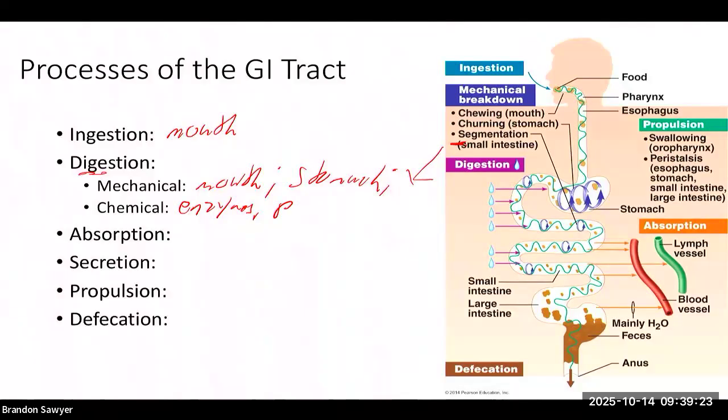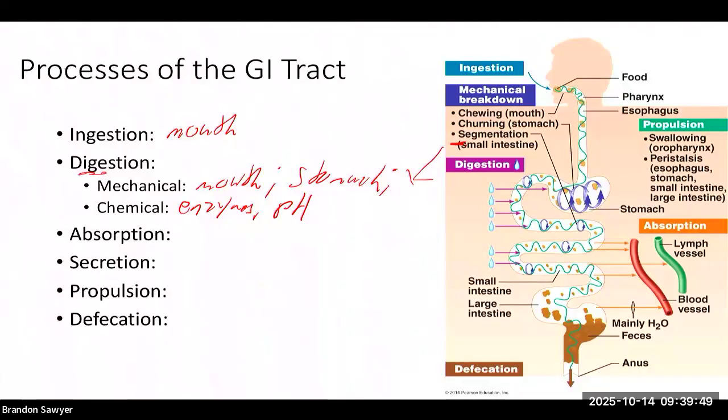Okay. And then chemical digestion is, for the most part, driven by enzymes, but also by the low pH of the stomach. Those are the two primary ways that happens. So chemical digestion starts in the mouth with which macronutrient that we talked about yesterday? Carbohydrates only, really, right? We just have that salivary amylase, the only enzyme that we're really releasing with the saliva.